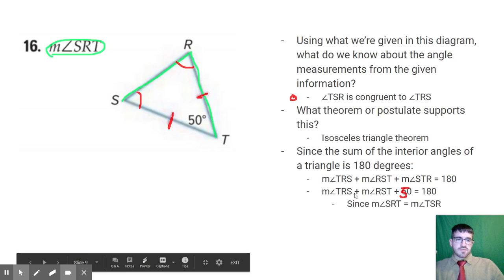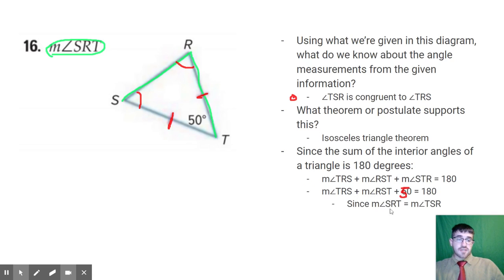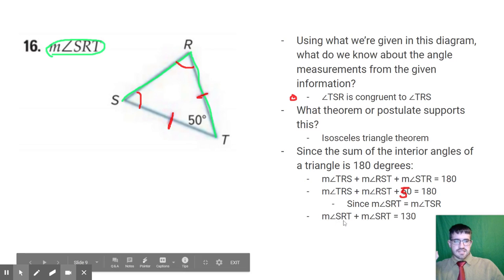And just like the previous problem, since the measure of angle SRT equals the measure of angle TSR, because congruent angles have equal measures, we can substitute in SRT wherever we see TSR.